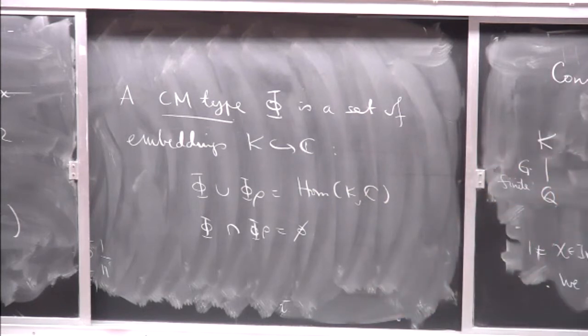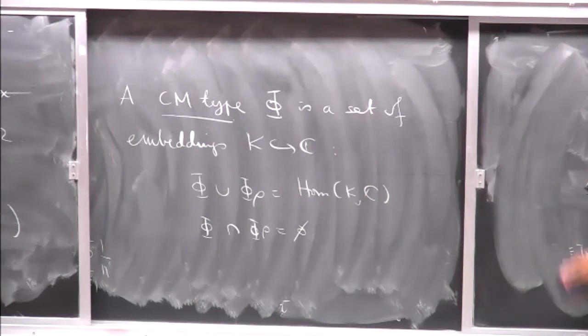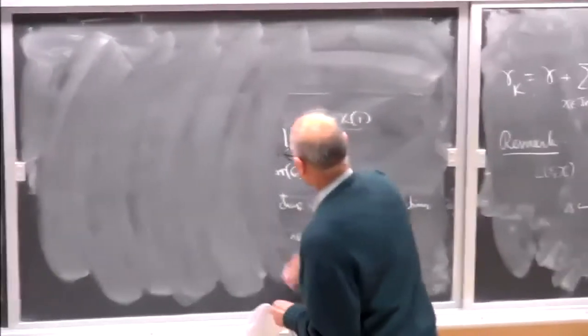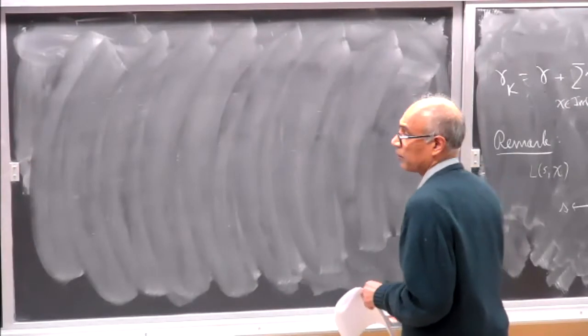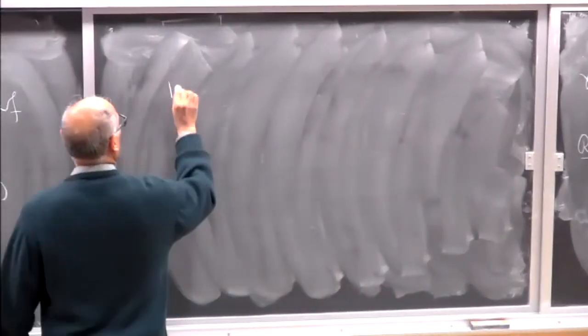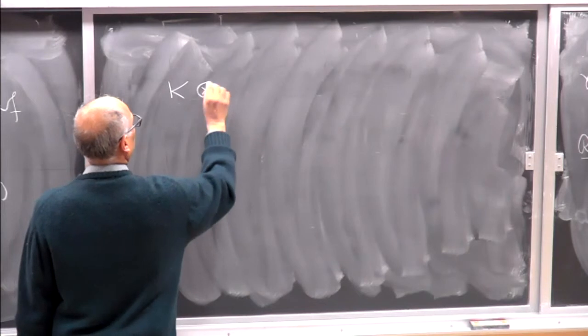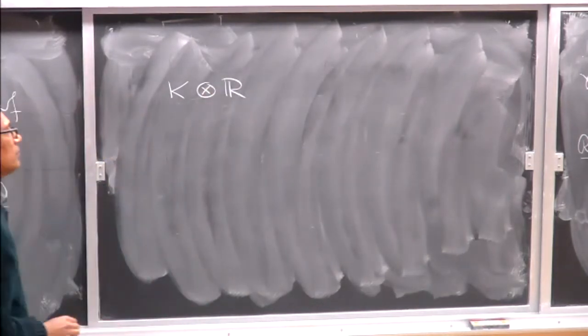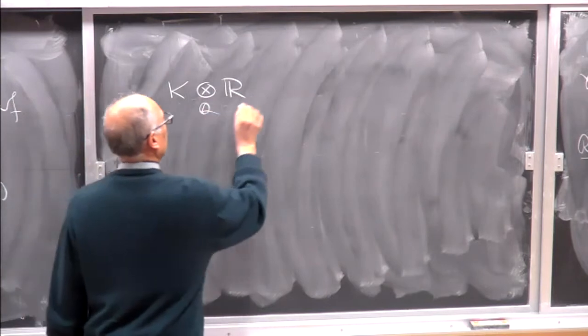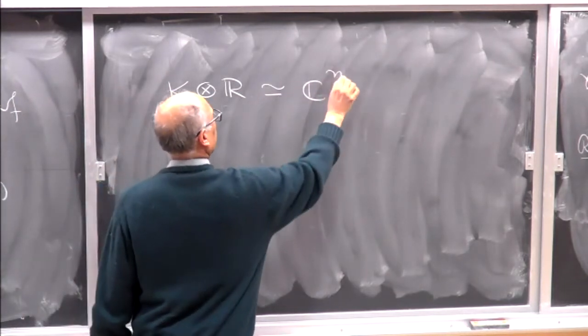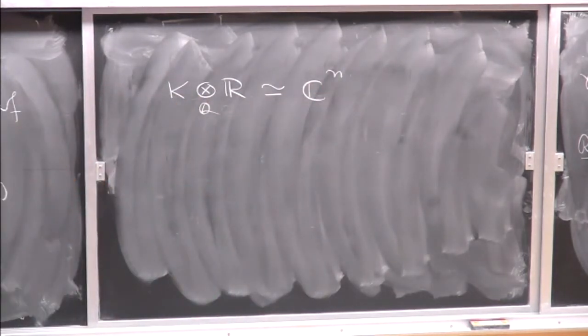Let's explain it. If I take this K and tensor it with R, over Q, then this can be identified as C to the n, where the degree of K over Q is 2n. Remember, the degree of a CM field over Q must always be even because it has this subfield of index 2.